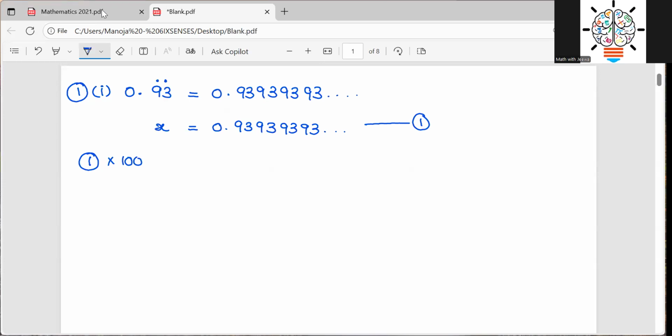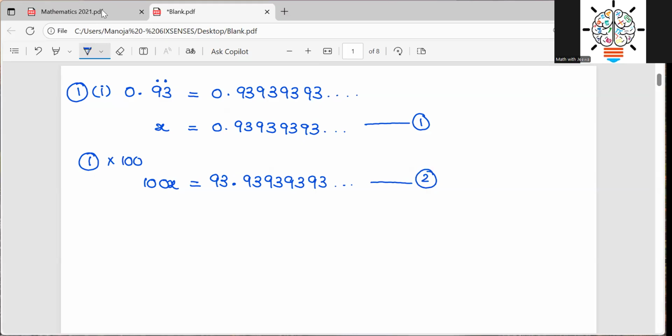How do we decide this? We see 2 digits in the recurring cluster, in the 10th place and the 100th place, so that cluster 9 and 3 is repeating. Now this becomes 100x, and this becomes 93.9393 like this. So this is the second equation.